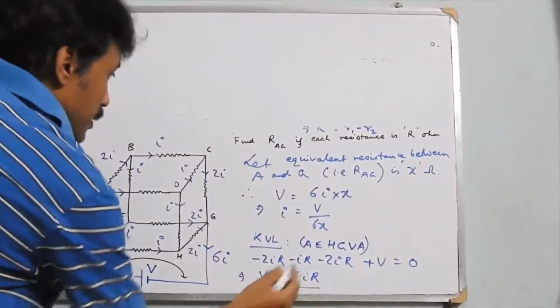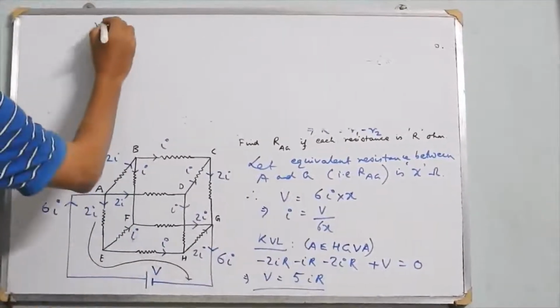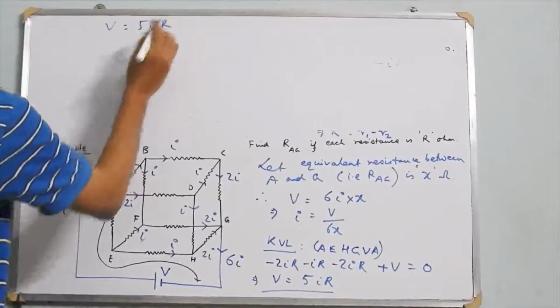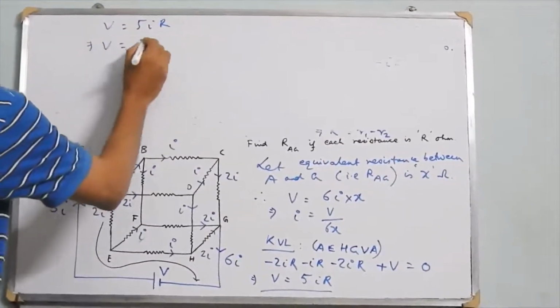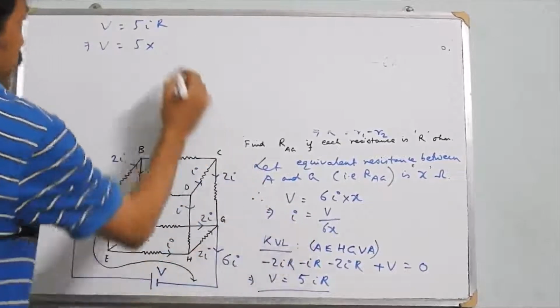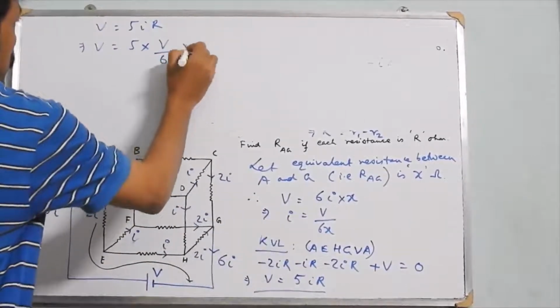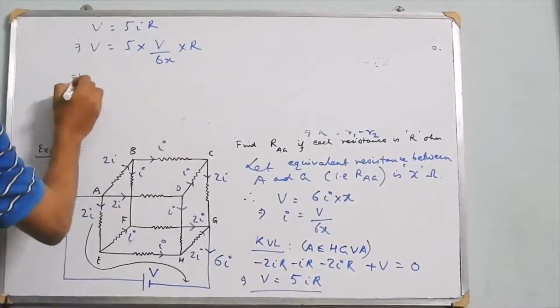Now when I substitute the value of I in this case, what I get is this equation. So V equal to 5IR implies V equal to 5 into, instead of I will write V by 6X into R. So V will cancel out.